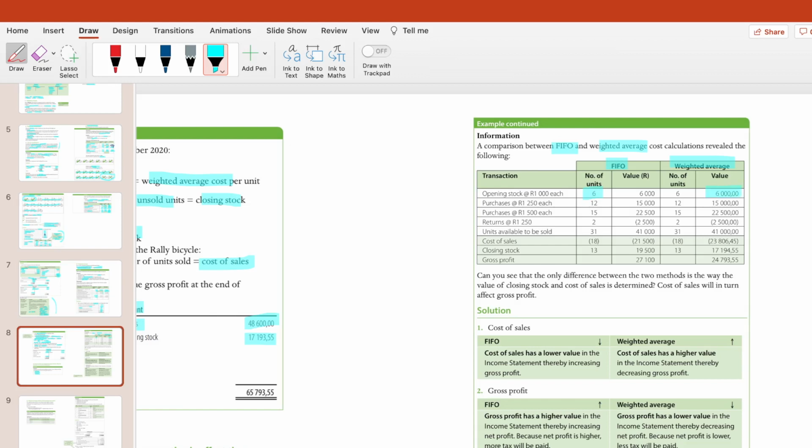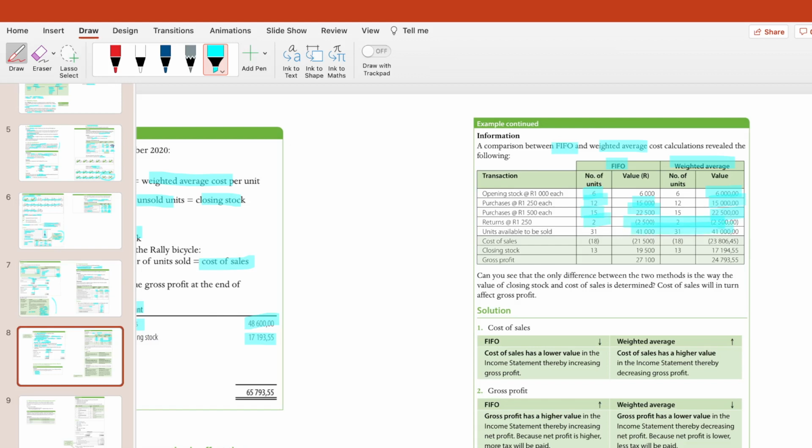We purchase 12 units at 1,250, and that is 15,000, and it's the same for weighted average. Then we purchase 15 at 1,500, that's 22,500. It's also the same with the weighted average. We return 2. That is the same in both of them, and then the units sold is also the same. But here comes the difference.